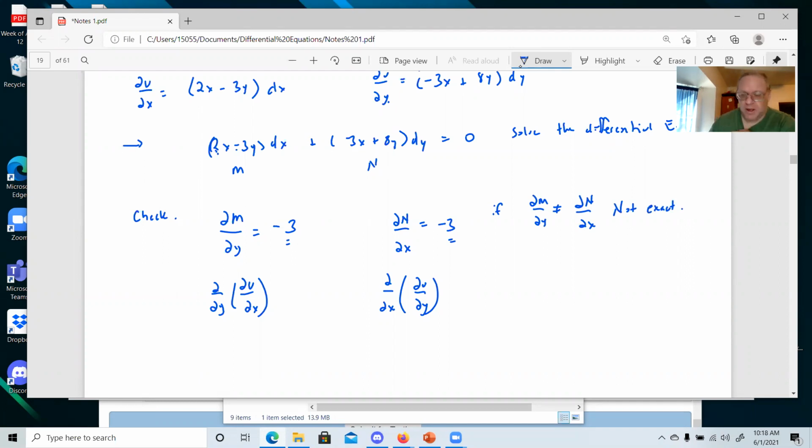If they say to you, hey, solve the exact equation, the first thing you're going to do is check this, and if they don't match, then I lied to you. This is not an exact differential equation. You need different techniques. We talked about integrating factors in the previous section.